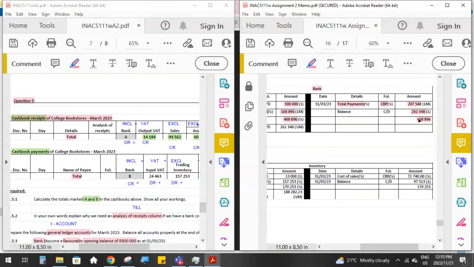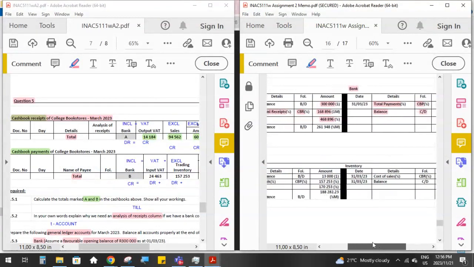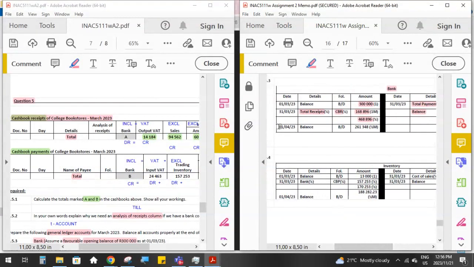So the only reason that we do this here is to work out what this balance amount is. Because it's a positive balance, my debits were more than my credits. That amount is then carried down as my opening balance for the beginning of the next month.